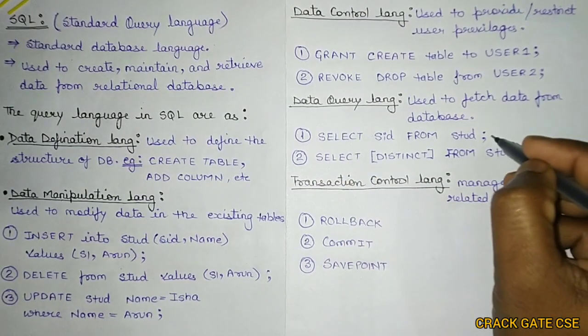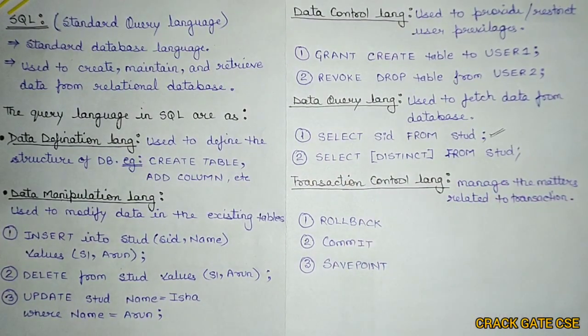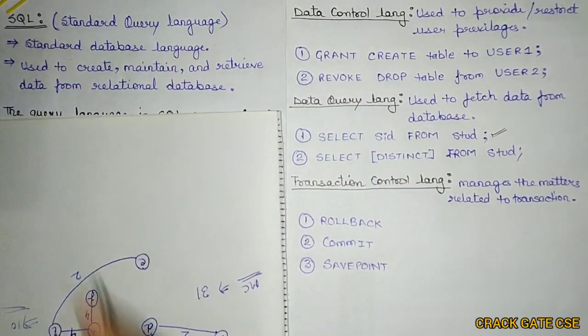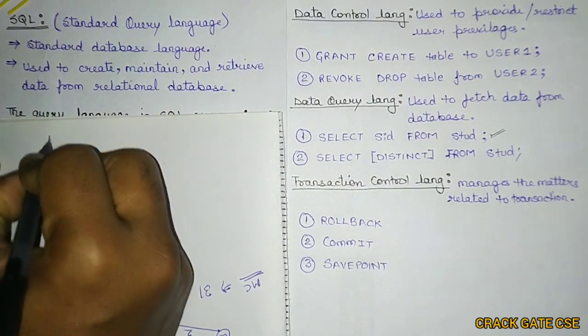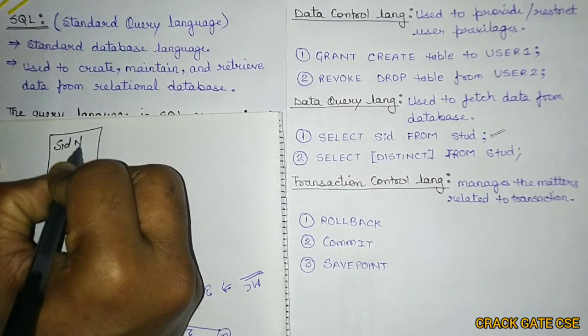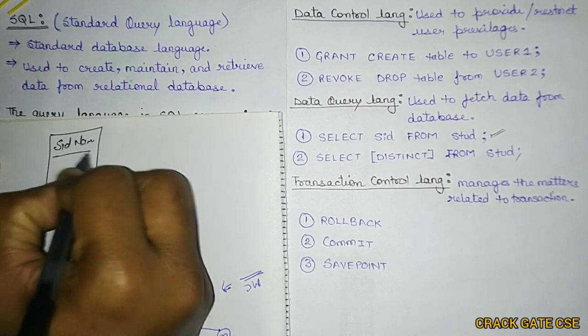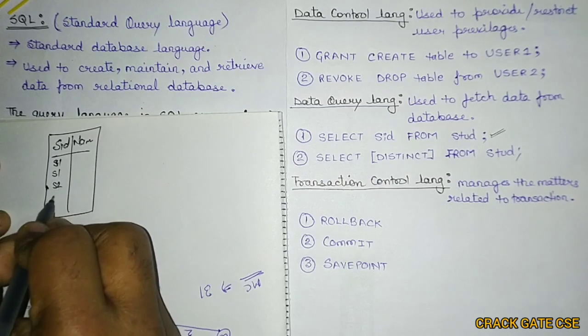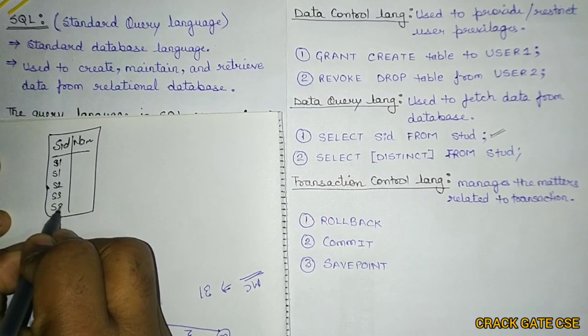Here duplicacy can be possible. That means there may be a case when multiple rows have the same student ID. Let me take an example. I have a table of SID and name, and I have SID as S1, S2, S3 and S3.